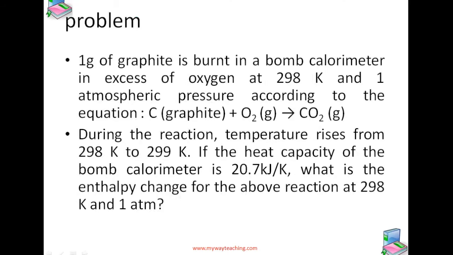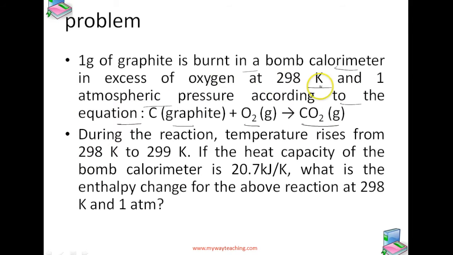Next, consider a problem. 1 gram of graphite is burnt in a bomb calorimeter, which means delta U measurement, as I explained about the bomb calorimeter. It is burnt in excess of oxygen at 298 Kelvin and 1 atmospheric pressure, giving carbon dioxide.